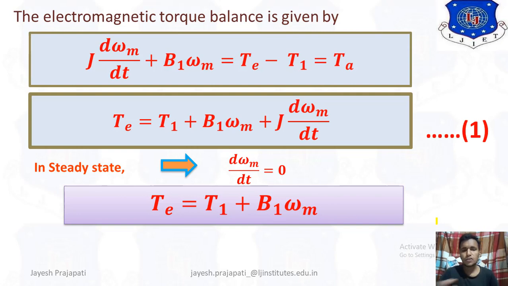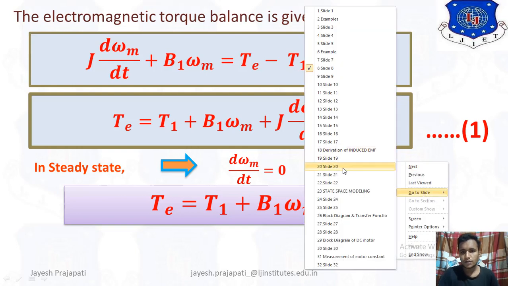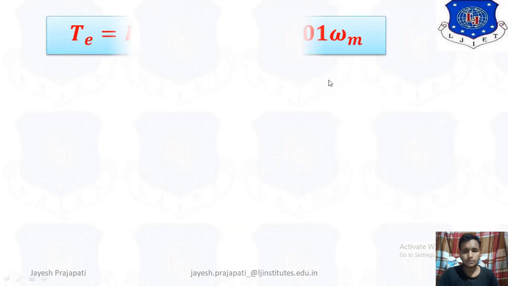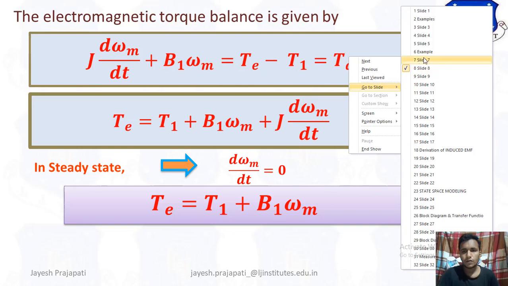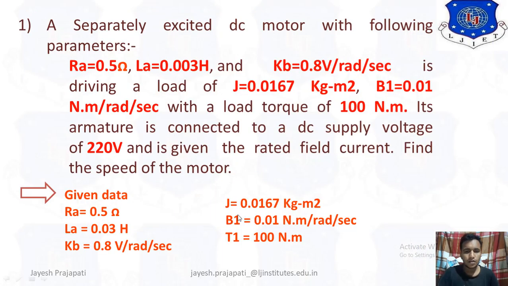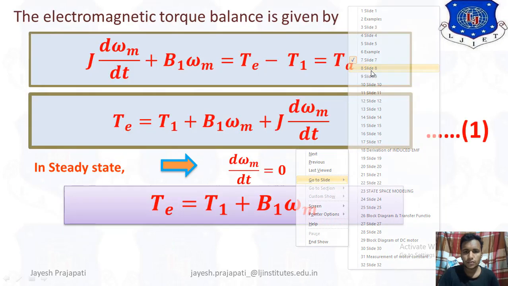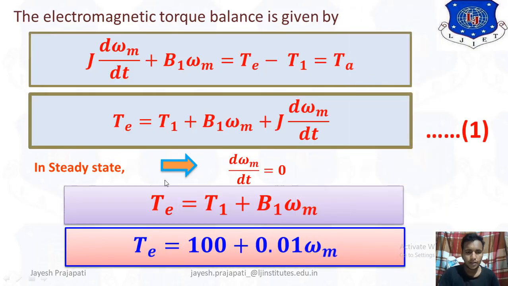Now we have to substitute the given values: T1 is 100, J is 0.0167 and B1 is 0.01. Then Te is equal to 100 plus 0.01 omega m. That is equation number 2.